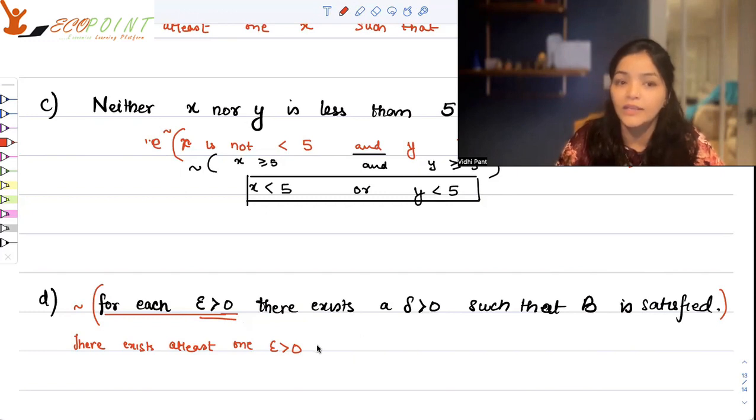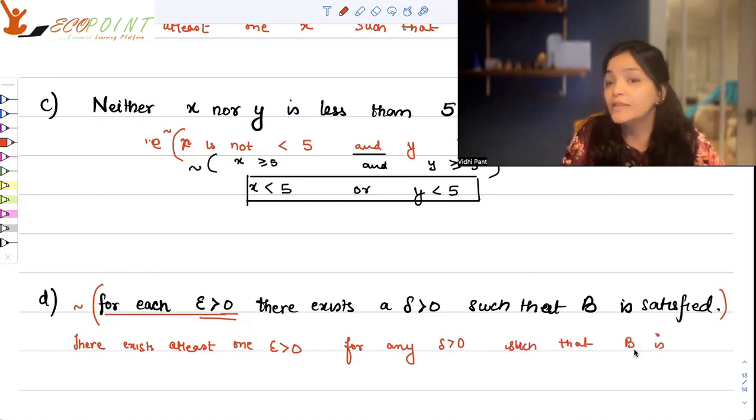There exists at least one epsilon greater than 0 for any delta greater than 0, such that B is not satisfied.